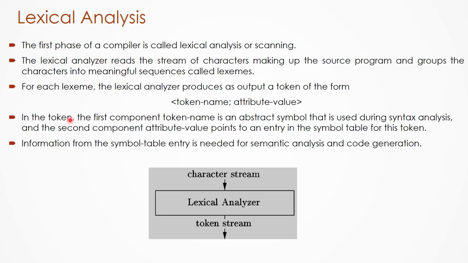In the token, the first component, token name, is an abstract symbol that is used during syntax analysis, and the second component, attribute value, points to an entry in the symbol table for the token. So the token name is actually used by the next phase, which is called syntax analysis. Information from the symbol table entry is needed for semantic analysis and code generation. So the information we store in the symbol table will be used in future.